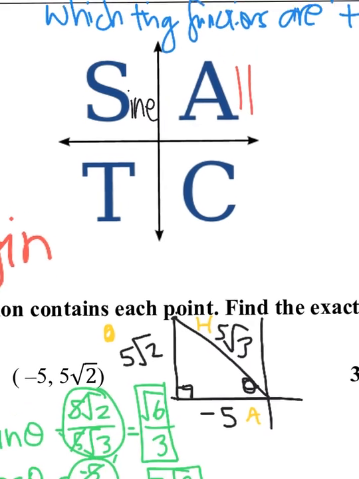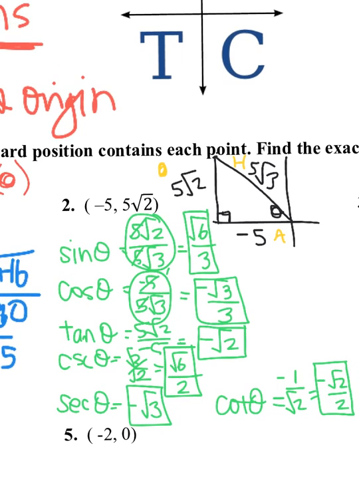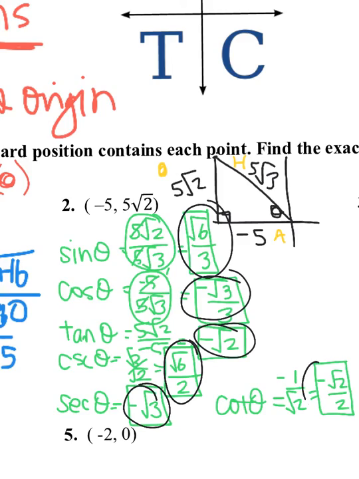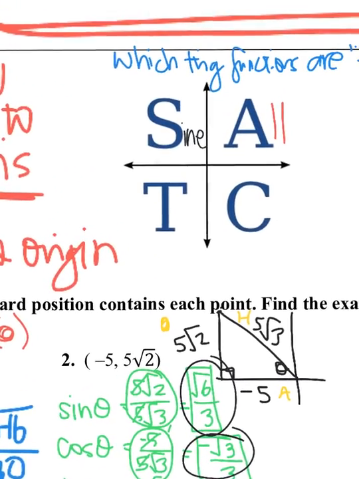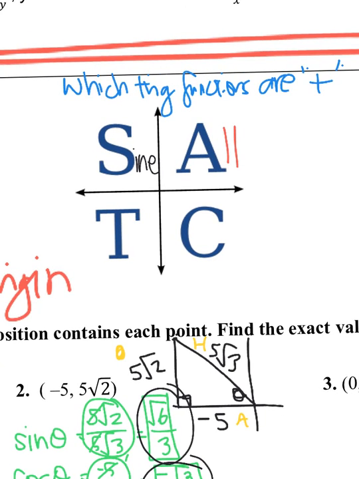So if you notice in example 2, we saw that sine and its reciprocal, cosecant, were positive, and the other two were negative. So if your terminal point ends up in the second quadrant, then your sine will be positive, everything else will be negative. Or your sine and cosecant will be positive, everything else will be negative.